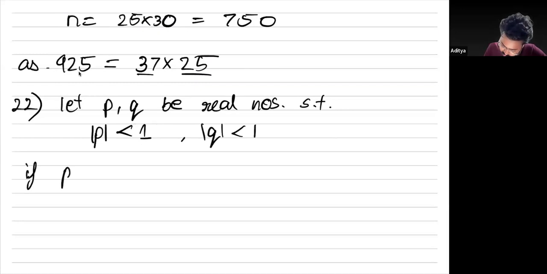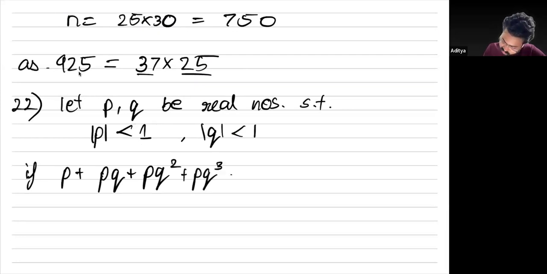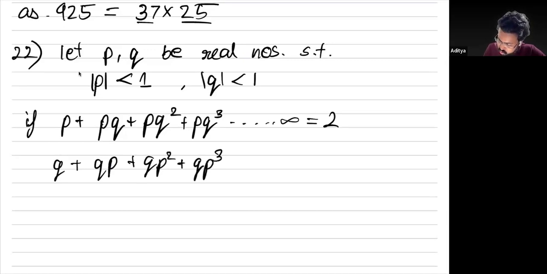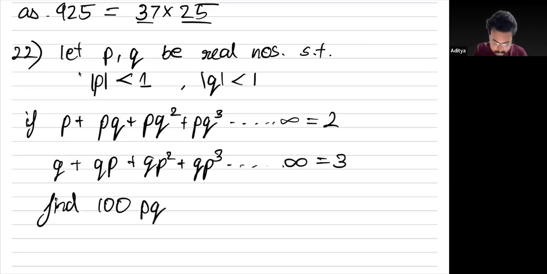If p plus pq plus pq square plus pq cube, and so on up to infinity, is equal to 2, and q plus qp plus qp square plus qp cube, and so on up to infinity, is equal to 3, find p and q.